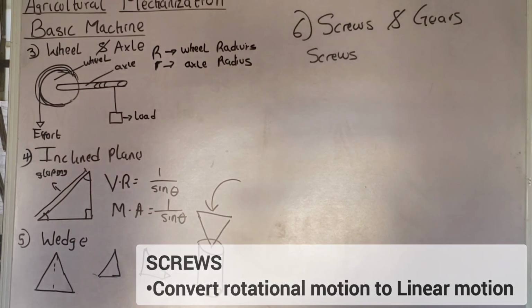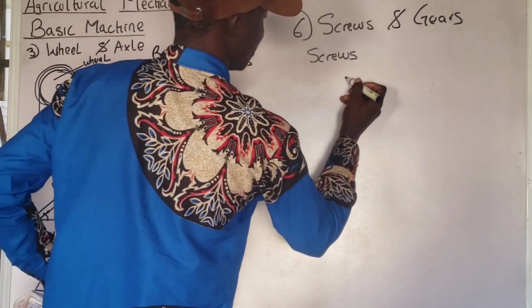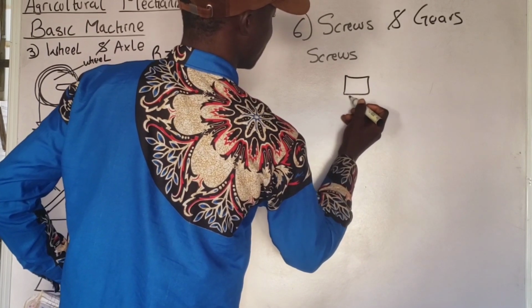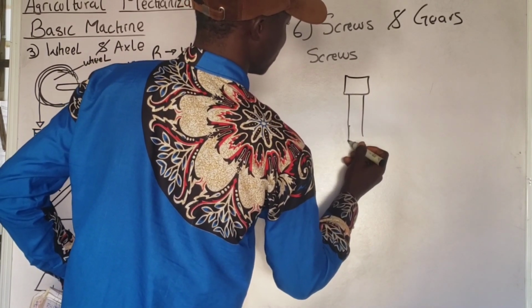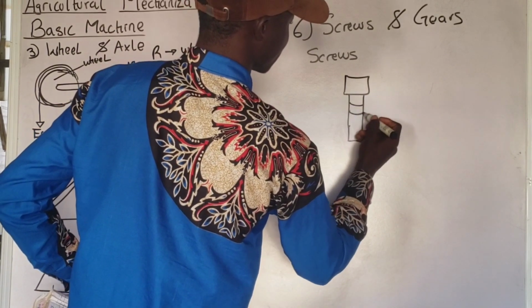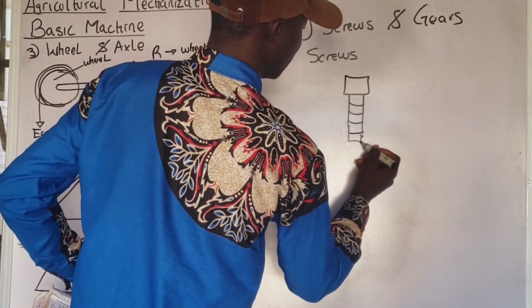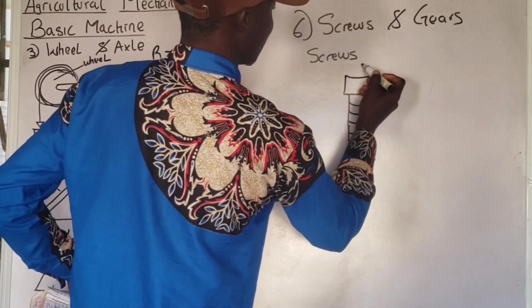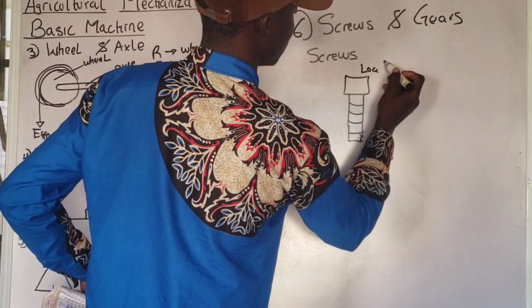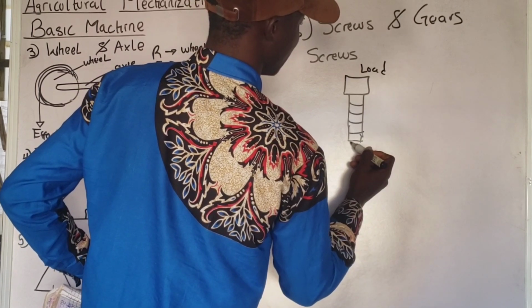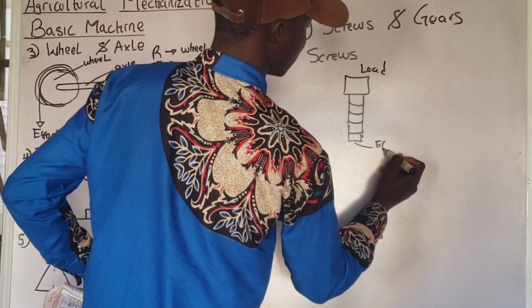Let me have a structure here. Let's say this is a screw jack. Don't forget the function. We have the load. This is the load, and this place is the effort.